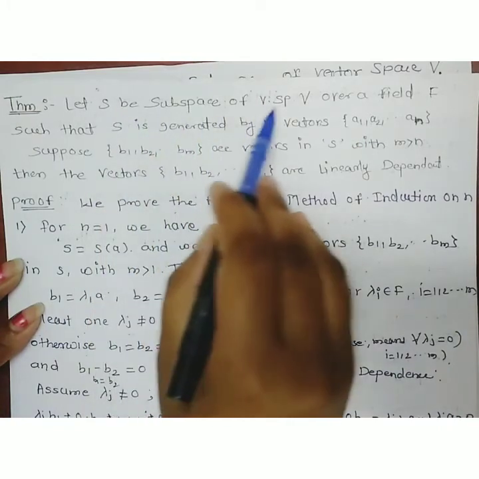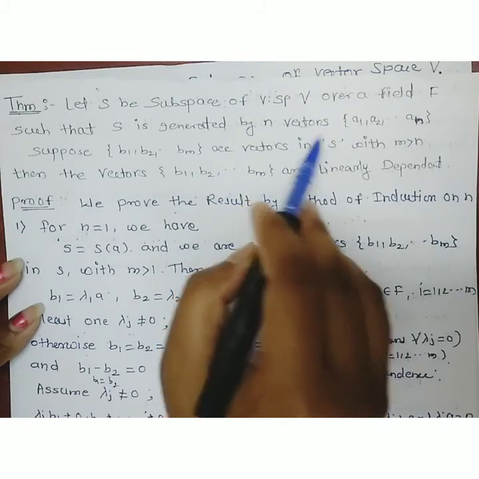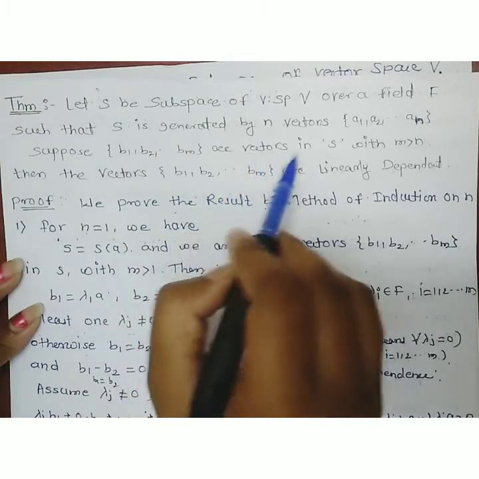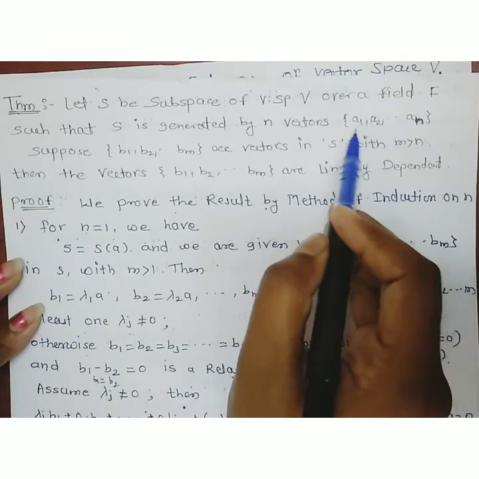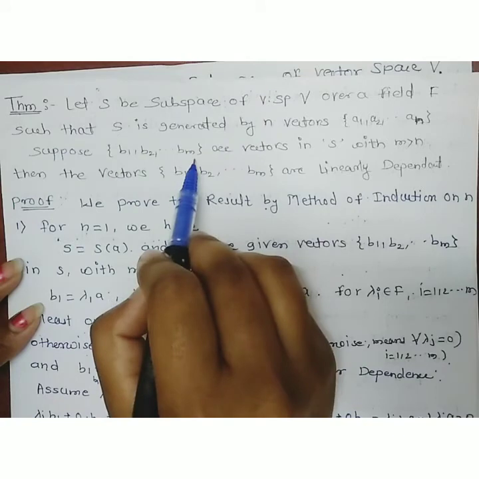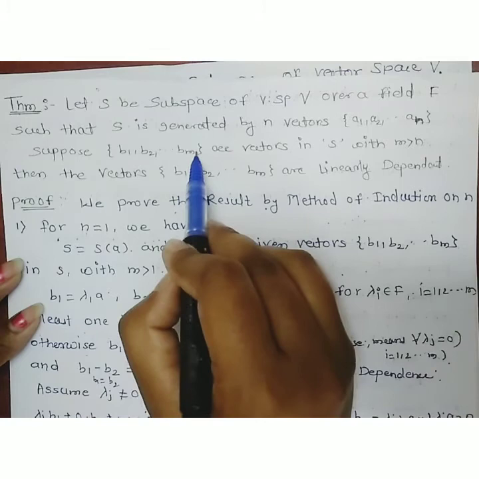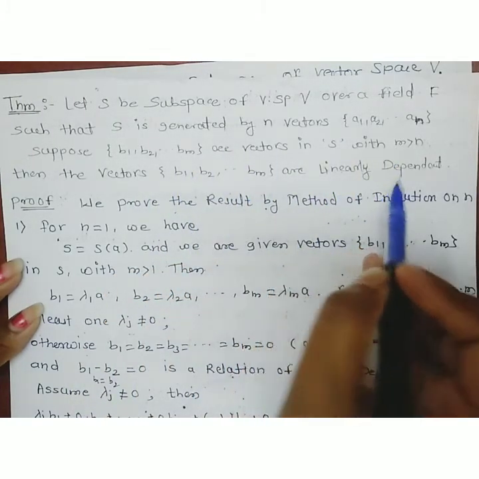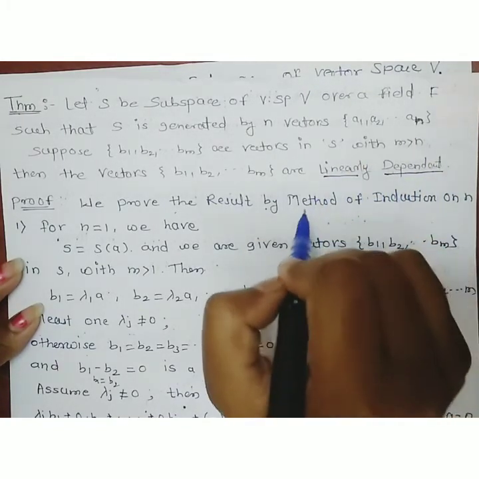If S is a subspace of a vector space V over the field F such that S is generated by n vectors A1, A2, An, and suppose B1, B2, Bm are vectors in S with m greater than n, then this set of vectors is a linearly dependent set. This is a very important theorem.